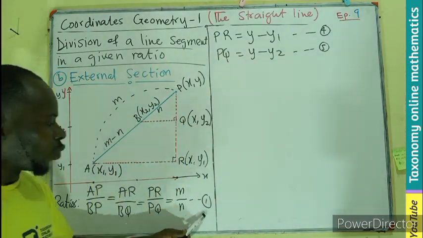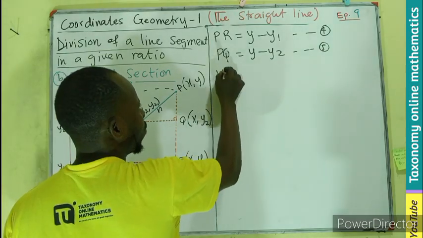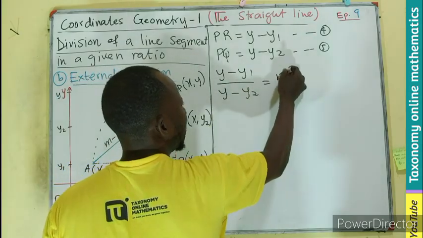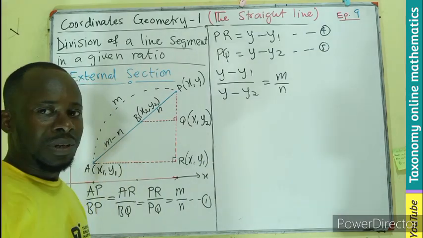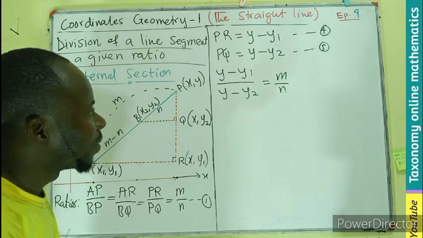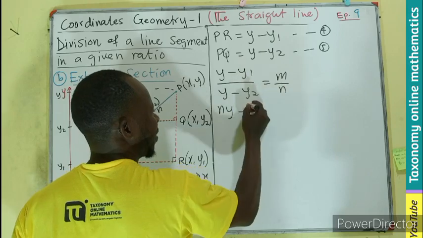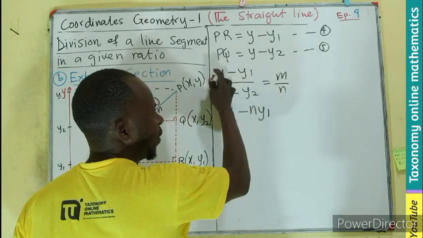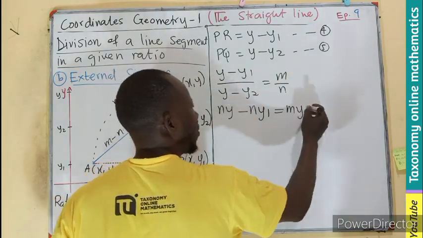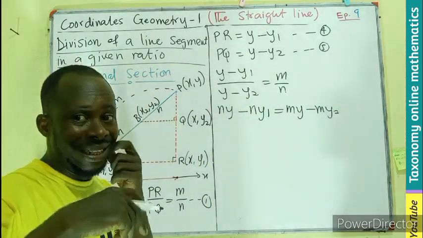So now we combine equation 1, equation 4 and 5 together in this small corner to give us y minus y1 over y minus y2, the same as m over n. The same concept we did for the x will be replicated here. So I'll go straight forward with the multiplication. This will multiply to give you ny minus ny1. Then m will also multiply this, my minus my2. So fast forward, let's group like terms to maintain the y.